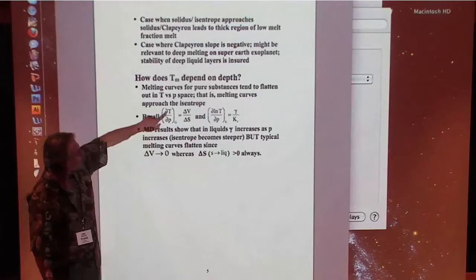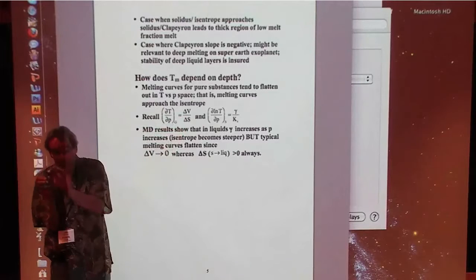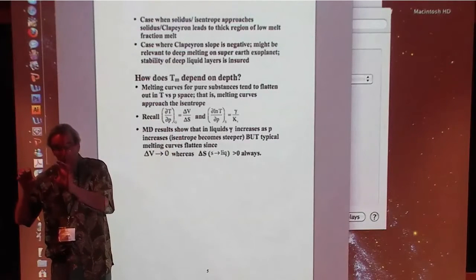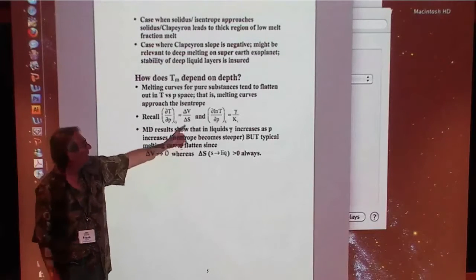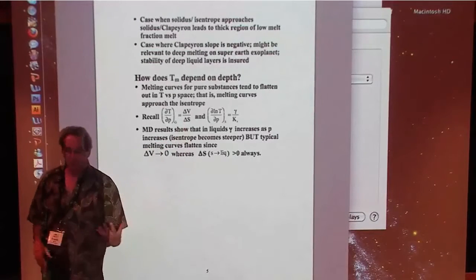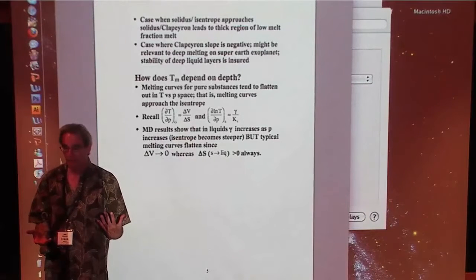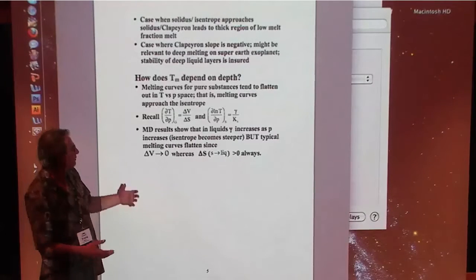Remember that the melting curve slope is basically delta V, the volume change between liquid and solid, right? Liquid and solid, over the entropy change. Well, this thing is always positive. I mean, when you go from a solid to a liquid, there's an increase in entropy, right? You don't have to be that smart to figure that out.